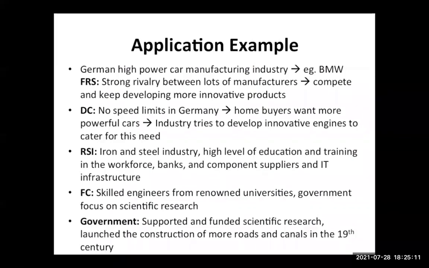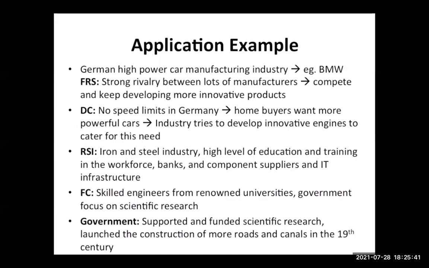In Germany, there are related and supporting industries, such as the iron and steel industry, which provides materials for the car manufacturers. There are also high levels of education and training within the workforce. Banks also provide capital, and there are also component suppliers and IT infrastructure. There are also factor conditions, which include skilled engineers from renowned universities, and the government's focus on scientific research, which helps to push the car manufacturing industry.